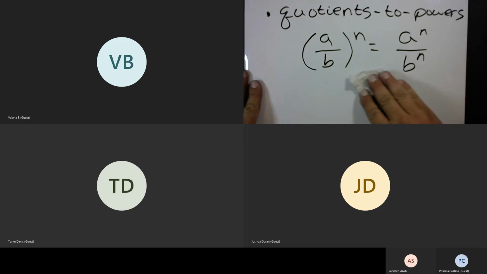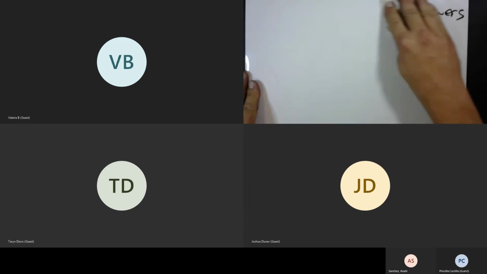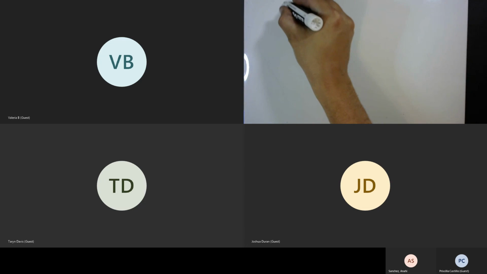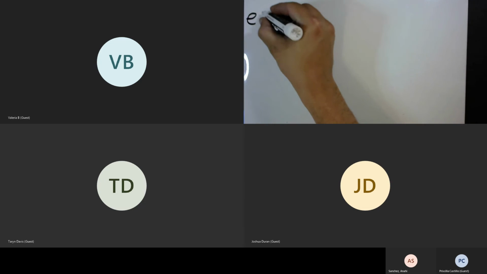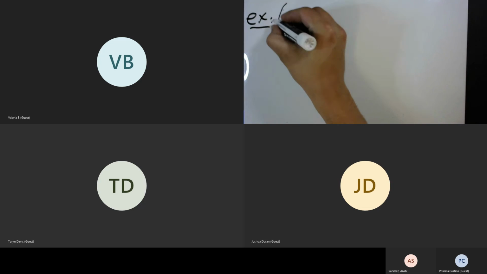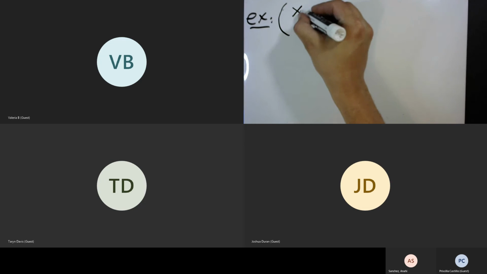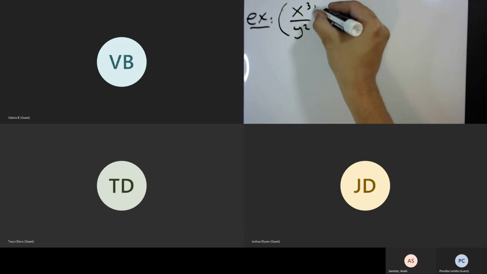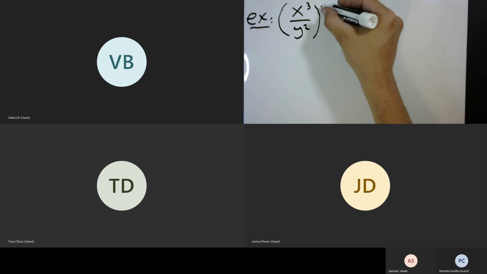So for example, x cubed over y squared to the 4th, we'll just go with the positive form.